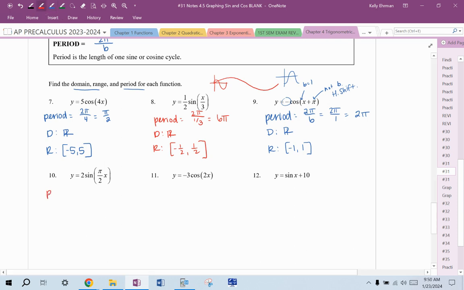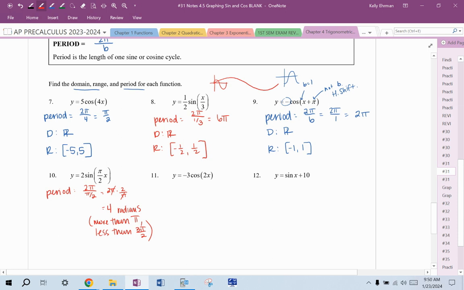For this one, the period is 2 pi divided by pi over 2. That's 2 pi times 2 over pi. So the pi's cancel. So the period is 4, as in 4 radians, as in more than pi, less than, remember 3 pi over 2 was like 4.71, I think.